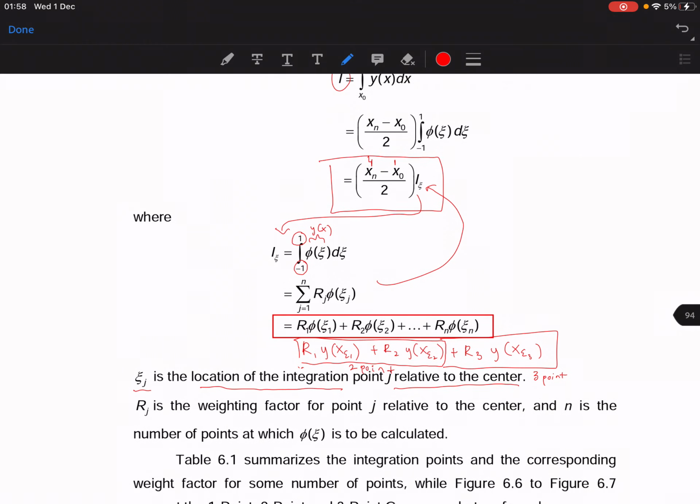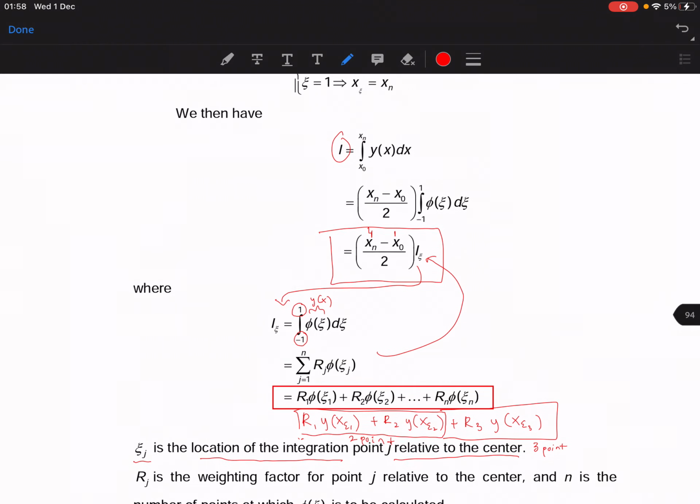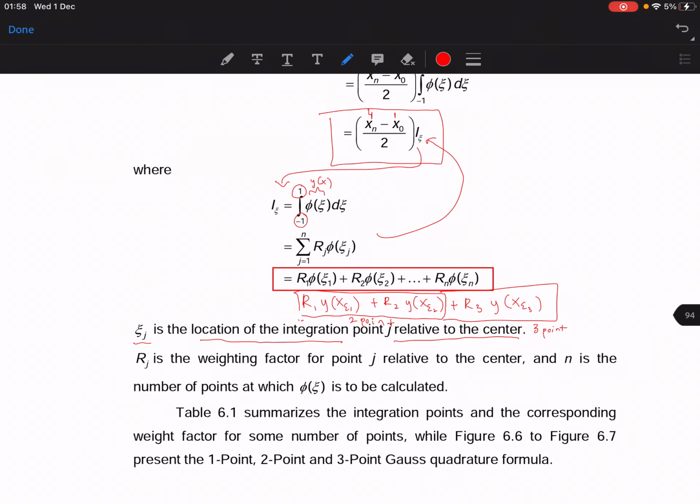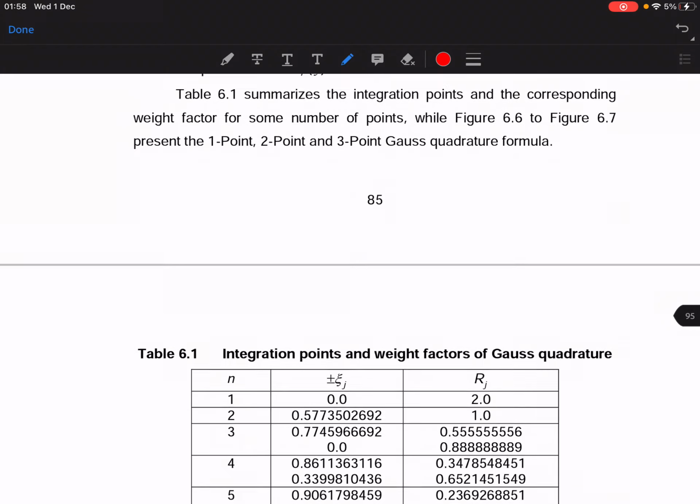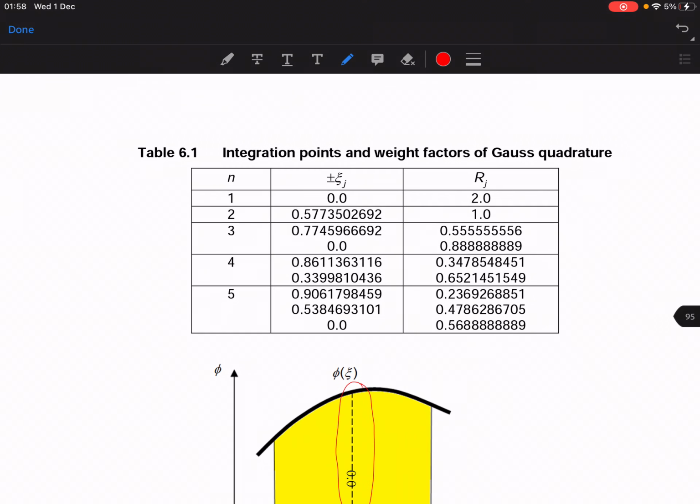Now let's look at an example. Before we go and have a look at the example, you might wonder, what is this R value and what is the zeta value? We can get the value of R and zeta from the table of integration points and weight factors, whereby n corresponds to the number of points.